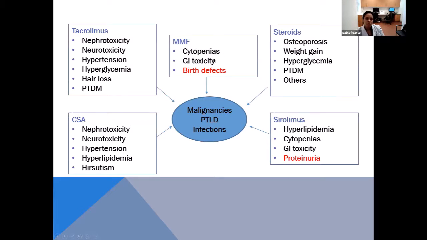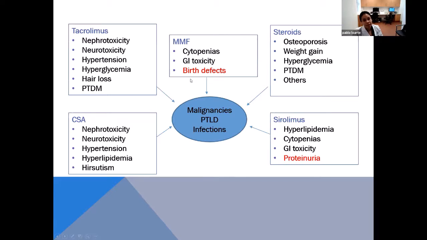Mycophenolate, one of the most common side effects are cytopenias and GI toxicity. These patients often develop diarrhea. That's a common side effect. And the cytopenia, most frequently leukopenia. Mycophenolate is contraindicated in pregnancy because it can cause birth defects. So we highly encourage patients not to get pregnant for the first or second year post-transplant.